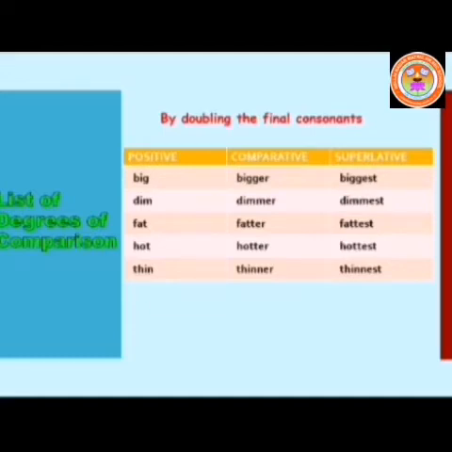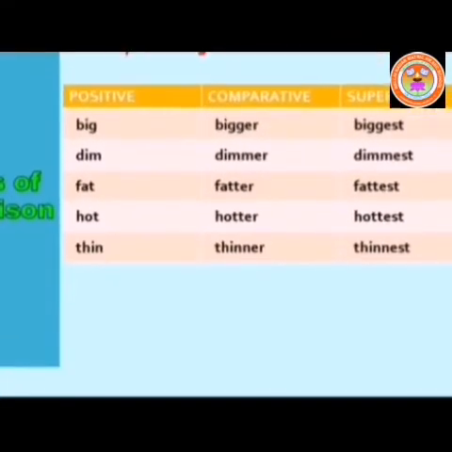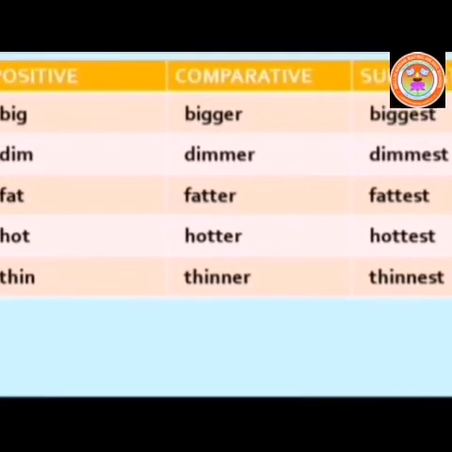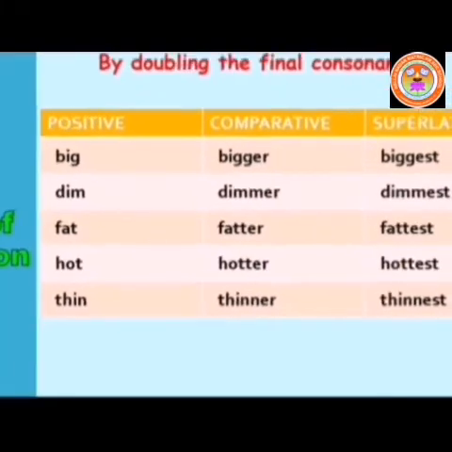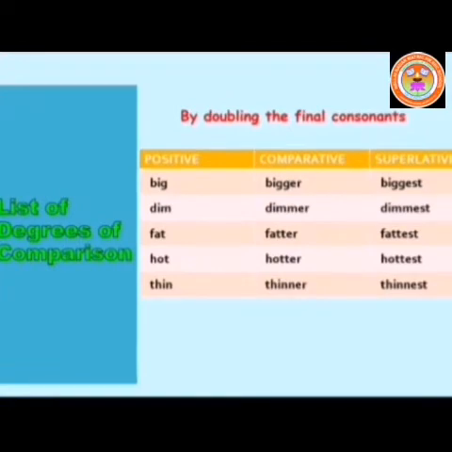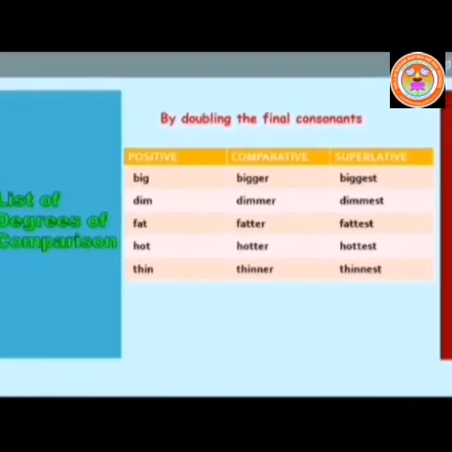So bigger, then superlative, biggest. Then coming to the next ones: dim, dimmer, dimmest; fat, fatter, fattest; hot, hotter, hottest; thin, thinner, thinnest. So the final consonant will be doubled.